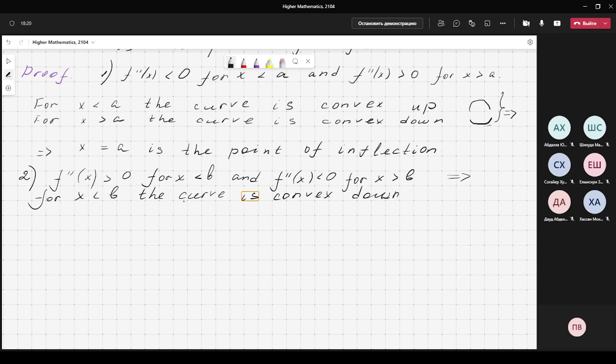And for x greater than b, the curve is convex up.